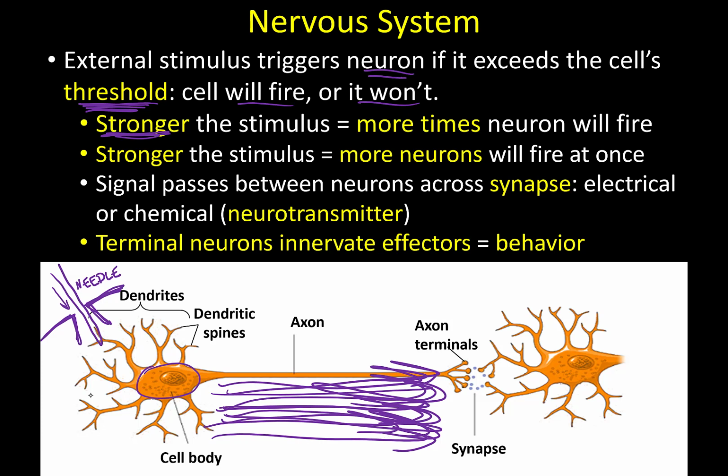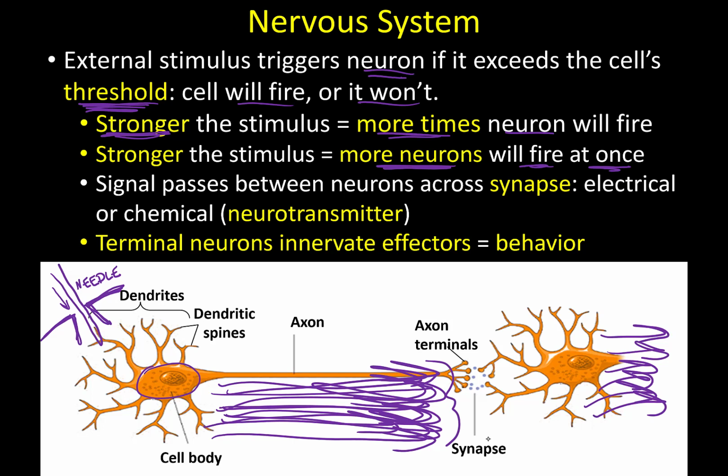The neighbor then receives all of these messages, which indicates that it should probably send a whole lot of messages down the chain as well. It should pass the message along. So stronger stimuli cause neurons to fire more times, which then cause more neurons to fire at once to pass that message along.